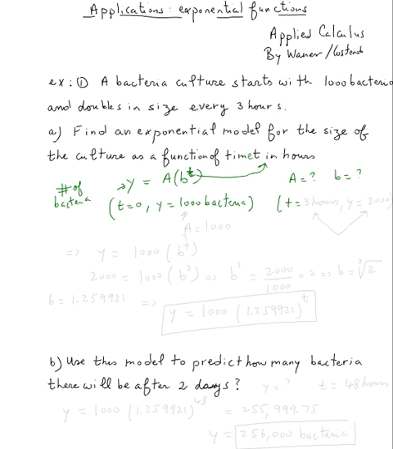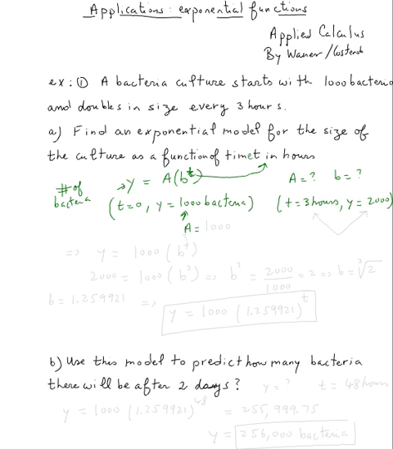Now when t is equal what? It doubles every 3 hours, so when t is 3 hours later, y will double, which means it's equal to 2,000 bacteria.